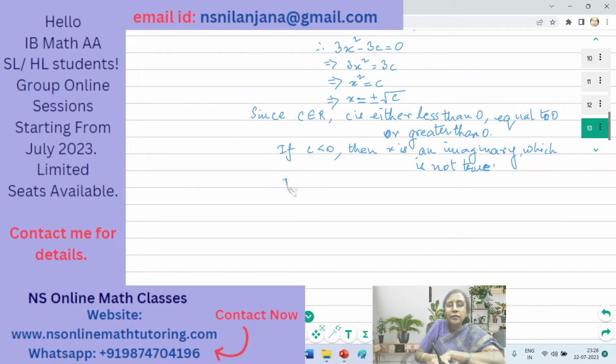If c is equal to 0, then x has a single value. Plus 0 or minus 0, they both are equal to 0. So it is having only a single value.